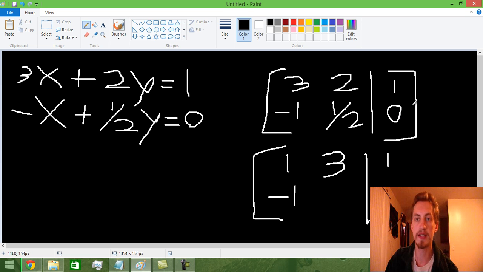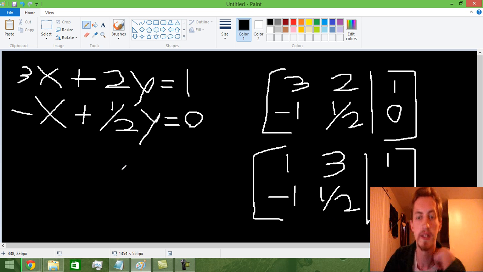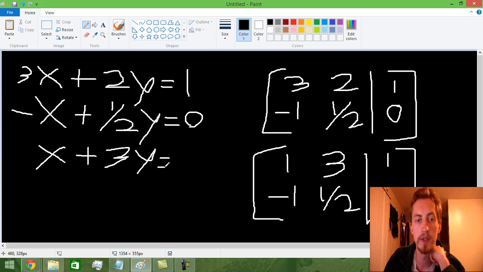And anything times 0 is still 0, so this stays the same. So we've got 1/2, right? Yes. So that's going to go back to here, and this is going to be x plus 3y equals 1. And the bottom's the same, so that's still minus x plus 1/2 y equals 0.